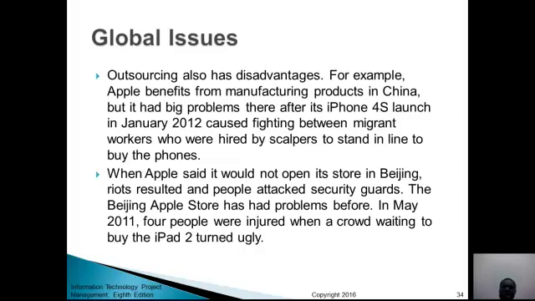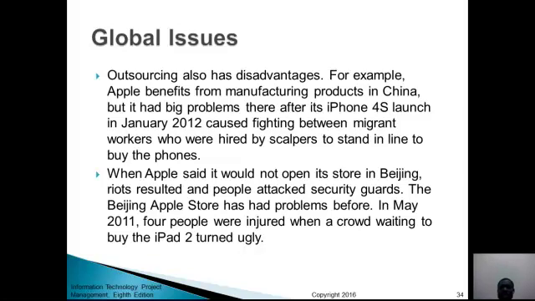When Apple said it would not open its store in Beijing, rows resulted and people attacked security guards. The Beijing Apple store has had problems before. In May 2011, 4 people were injured when a crowd waiting to buy the iPad 2 turned ugly.